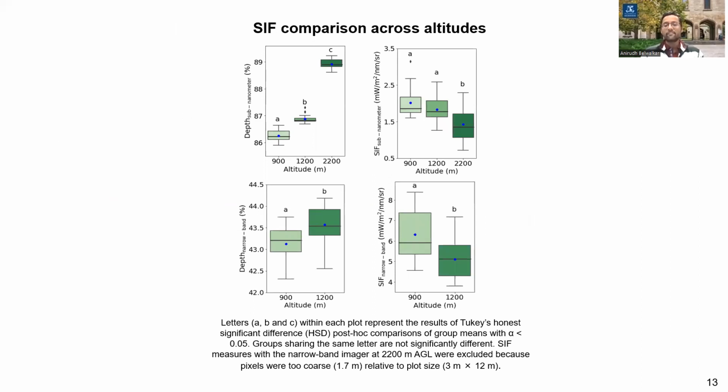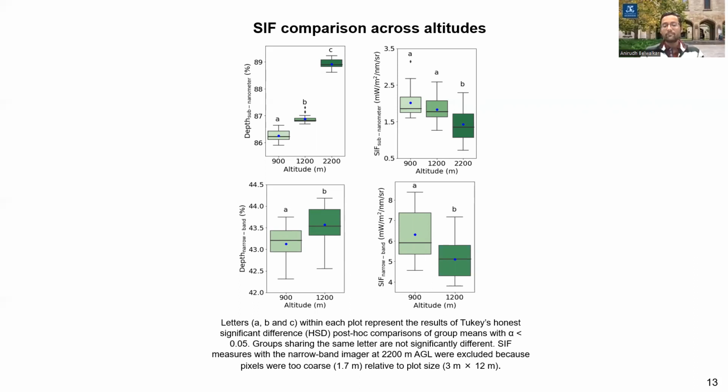Now the SIF comparison across different altitudes. So for narrowband imager, 2200 meter altitude was excluded because the size of the pixel was too coarse relative to the plot size. Both the relative depth and SIF showed significant differences with increasing altitude.